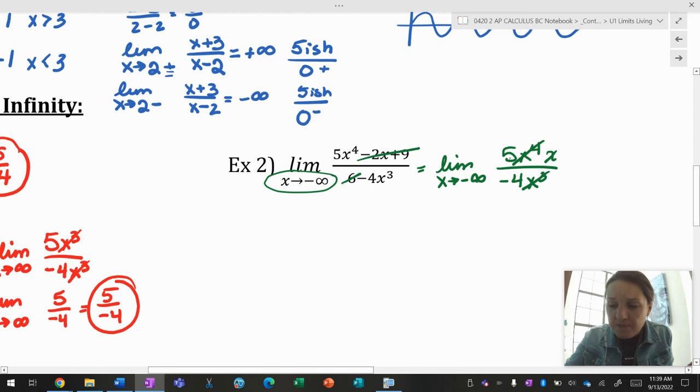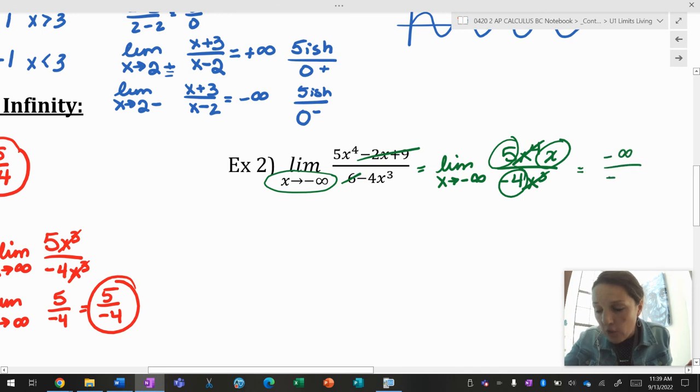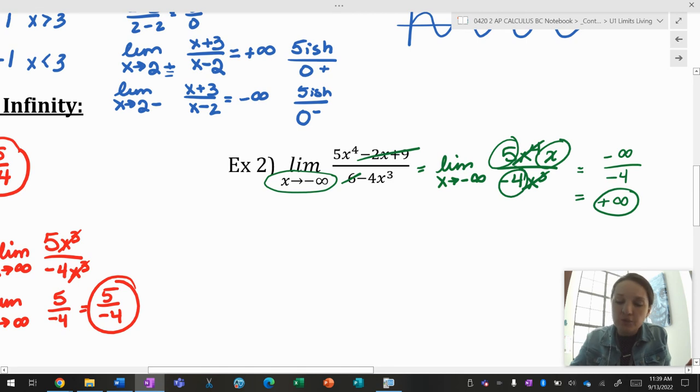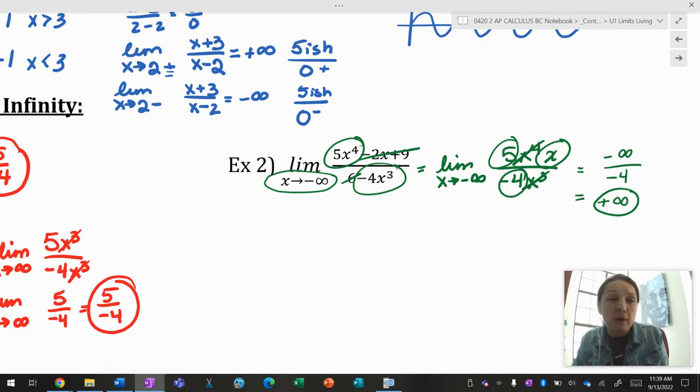And so if I have 5x over negative 4 and x goes to infinity, I have negative infinity over negative 4, which is positive infinity. And if you're thinking, yeah, but can't I just do the thing where if the top is bigger than the bottom, then it goes to an infinity? Yeah, you totally can. But my job is to explain to you why that works.